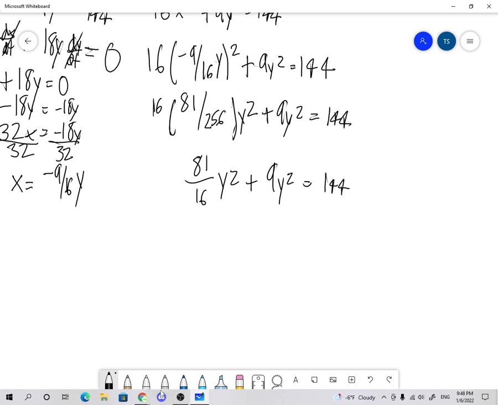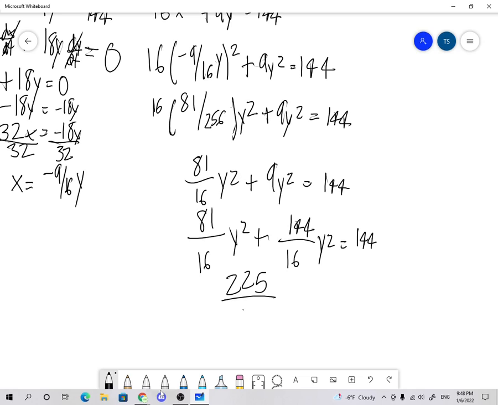So that would be 81 over 16 y squared plus 144 over 16 y squared equals 144. We can combine these like terms to find 225 over 16 y squared equals 144.